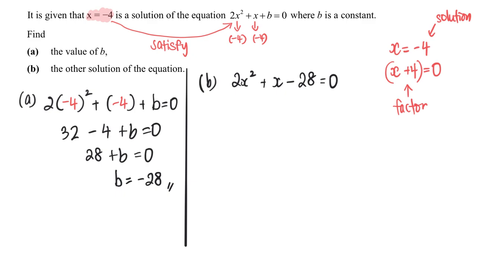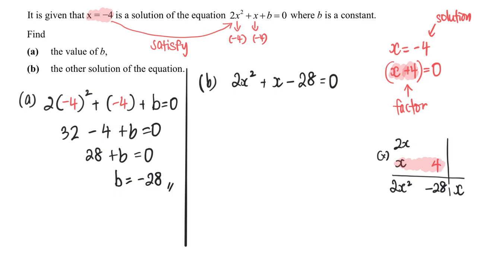When I want to factorize this, for 2x squared, I'll have 2x times x. I will have -28. I know that x plus 4 is one of the answers, so this one will be a +4.